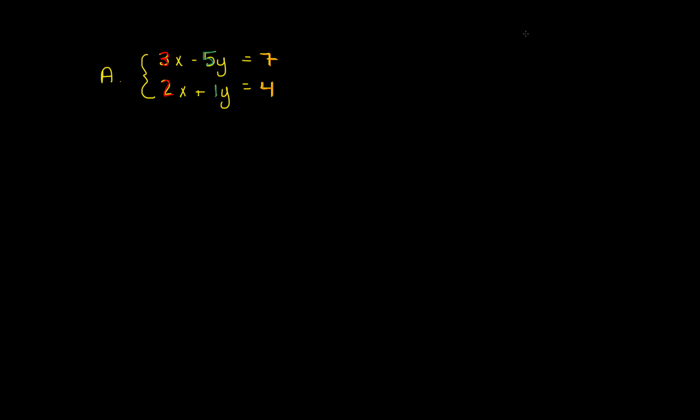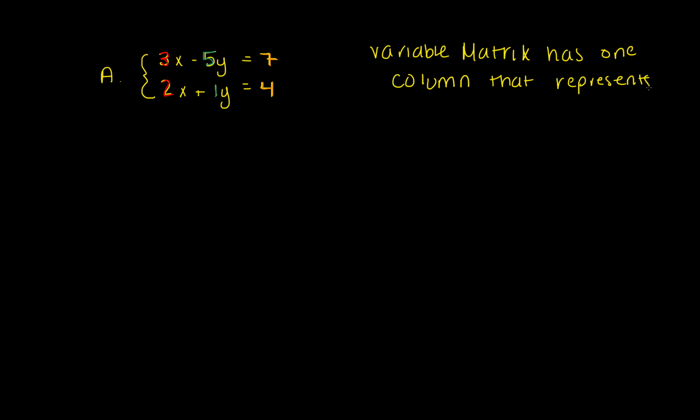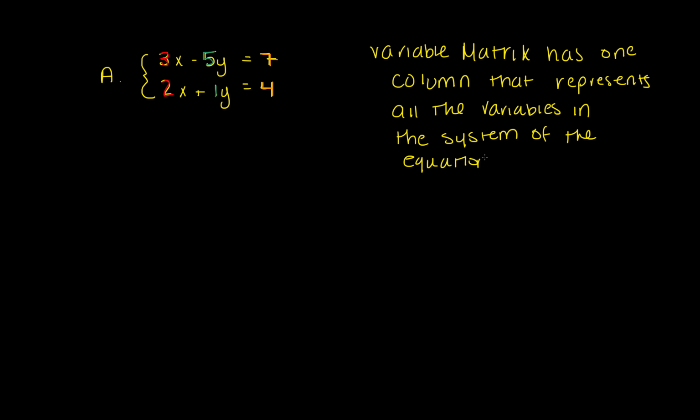And so what we're going to create is a variable matrix. A variable matrix has one column that represents all the variables in the system of equations.